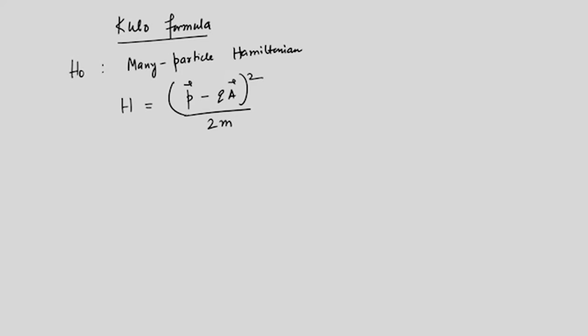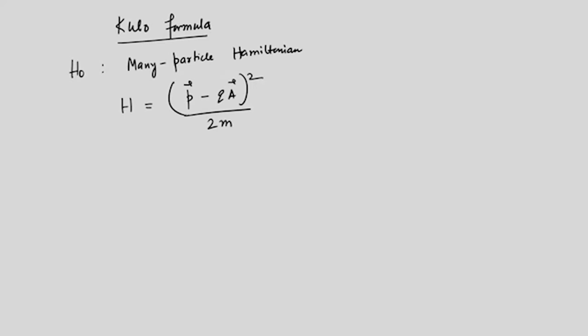One can talk about the gauge freedom, because the vector potential can be uncertain by an amount del lambda, where lambda is a scalar function. This is perfectly acceptable because even if you add or subtract a gradient of a scalar function, B equal to curl A is still satisfied.